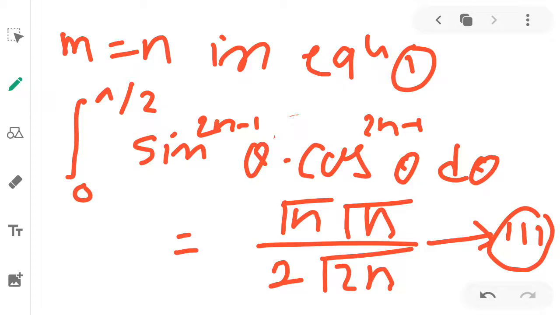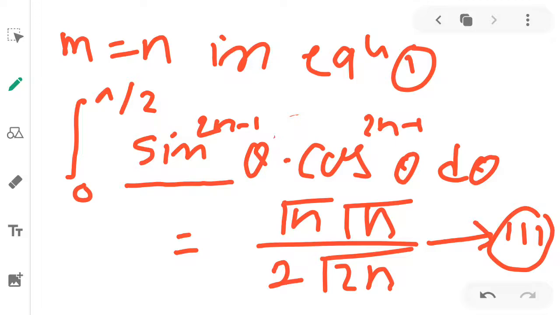Now we are observing that the powers of sine theta and cos theta are the same, so we can write this equation as integral of sine theta cos theta to the power 2n minus 1 d theta. Multiplying by 2 and dividing by 2, we get 2 sine theta cos theta upon 2. So 2 sine theta cos theta becomes sine 2 theta upon 2. Taking 2 outside, we get 1 upon 2 to the power 2n minus 1, sine 2 theta to the power 2n minus 1.